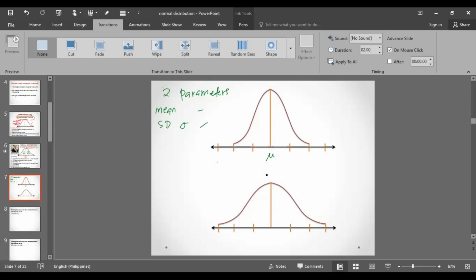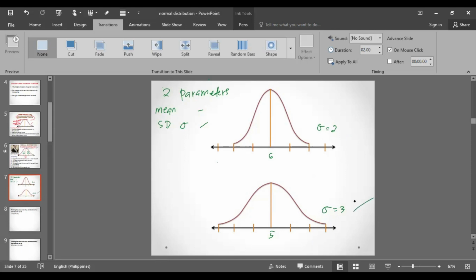Just like this. Say the mean here is 6 and the standard deviation is 2. While this graph has a mean of 5 and the standard deviation is 3. As you can see here, the value of the standard deviation reflects on the graph.